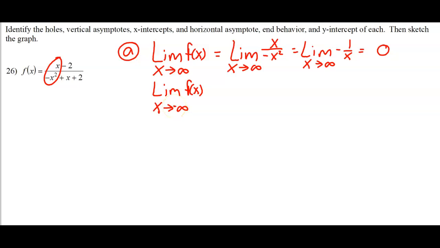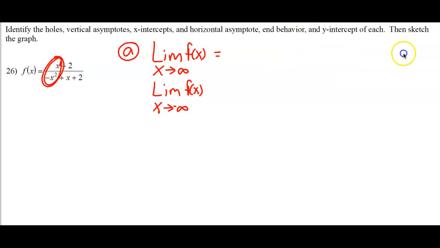Now, I also gave you guys a shortcut for this. And the shortcut was anytime the top power is less than the bottom power, you could just put 0. So you actually don't need to put any of this stuff here at all. You can, but I just need to see that because I gave you a shortcut for it. All right? And this is actually going to be my horizontal asymptote.